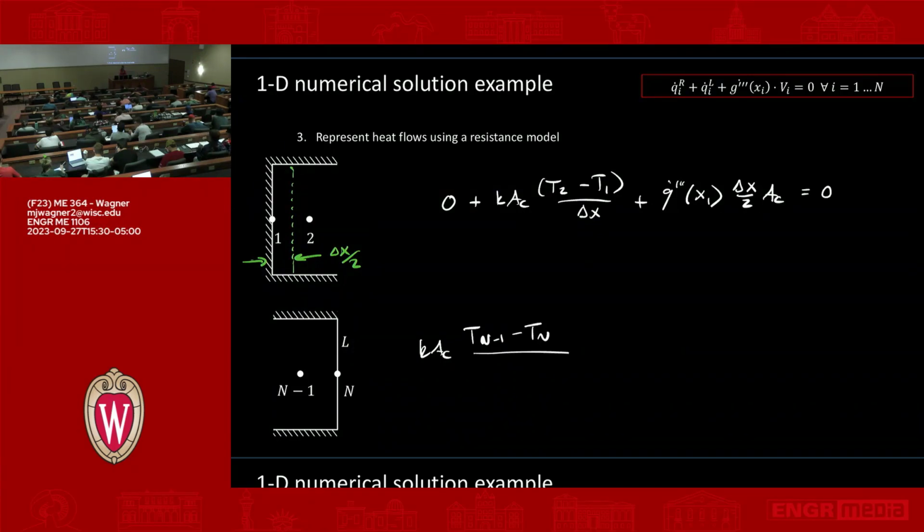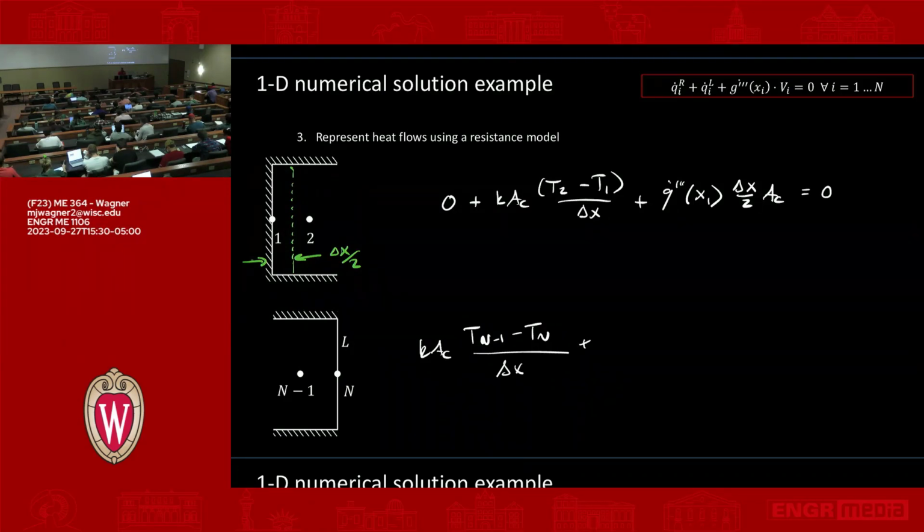I'll point it out again, but the order of the temperatures has to match the direction that you've assumed for heat flow. We assumed it's coming in. That means it's coming from n minus 1 and going to n. So you have to write the temperatures in that specific order, out to in. Again, the distance to conduct is delta x.